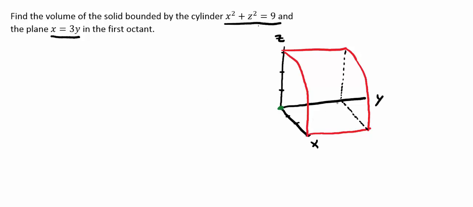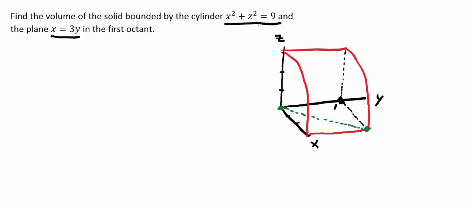So let's suppose, for the sake of argument, let's stretch out our scaling here and say that this value right here is 1. Then 3, 1 would be right here. And in the xy plane, x equals 3y is the line given by this line segment in green. At least it's part of it anyway.